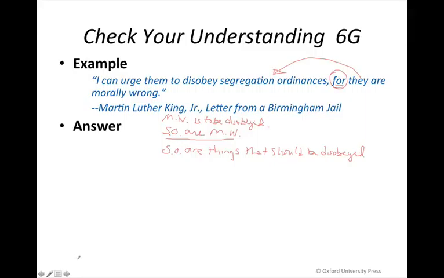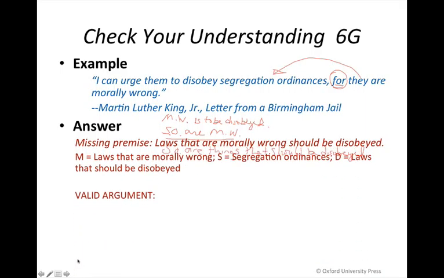And now let's take a look at the answer and let's see how the language is firmed up. First, we've got the missing premise. Things that are morally wrong should be disobeyed, but more specifically, laws, morally wrong laws, are things that should be disobeyed.